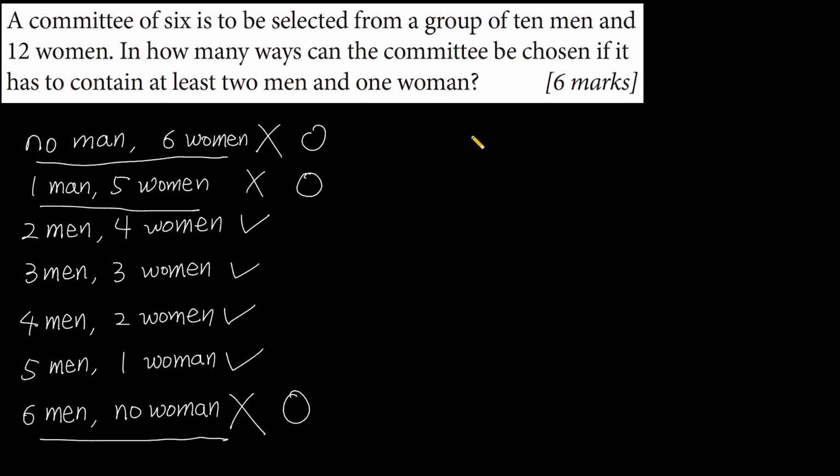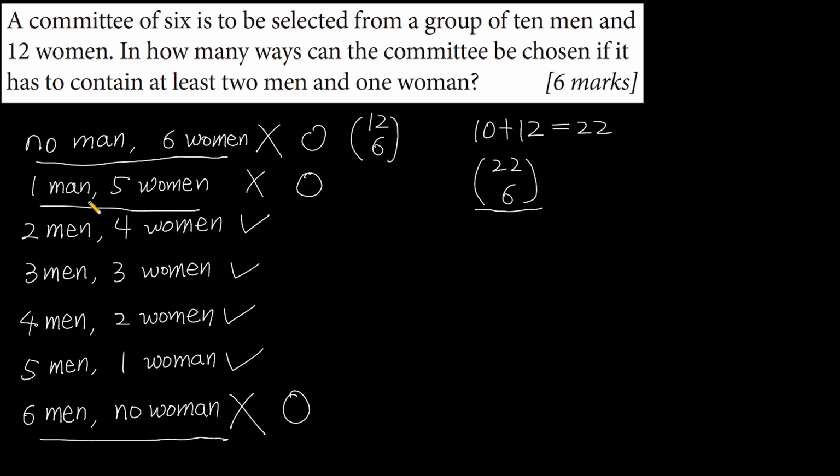There are 10 men and 12 women, so there are 10 plus 12 equals 22 people in total. The number of committees without restrictions is from 22 to choose 6. The number of committees for the first case is from 12 women to choose 6 women.